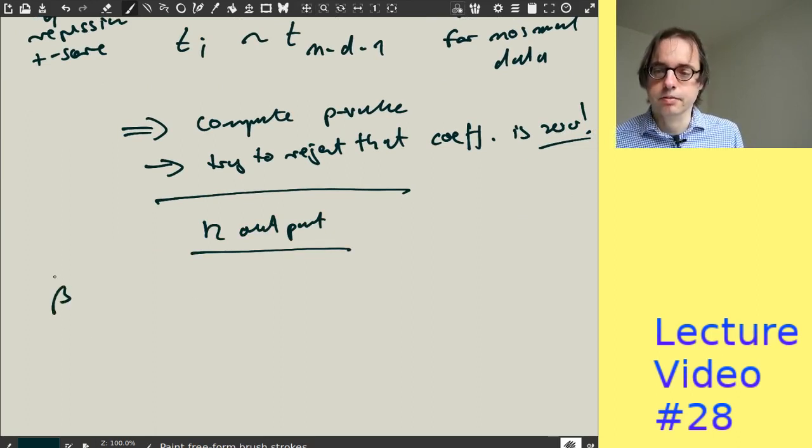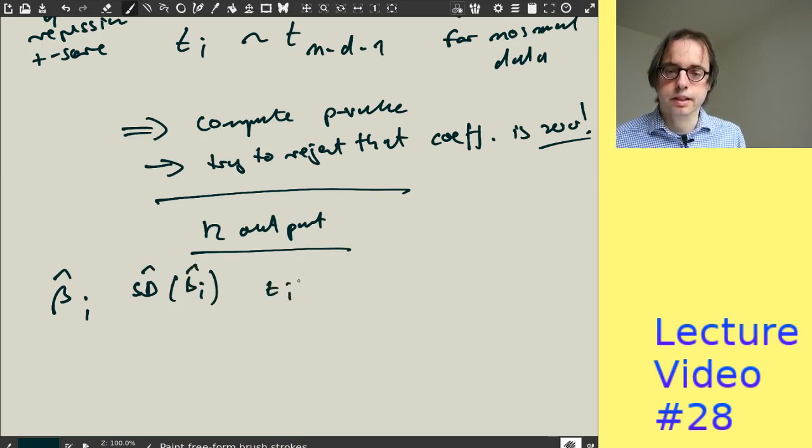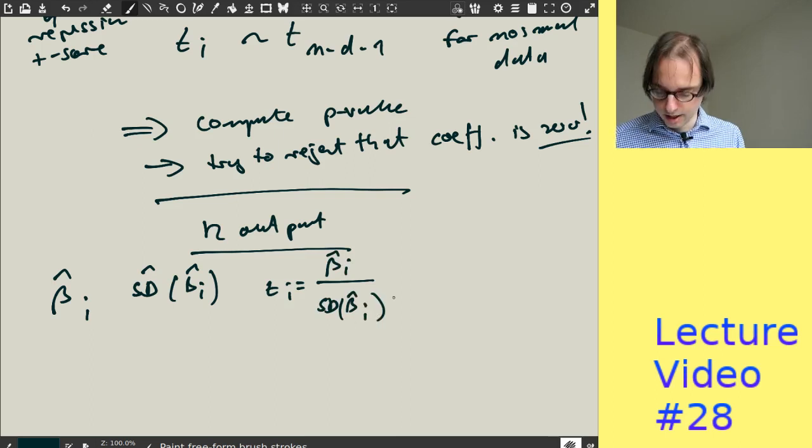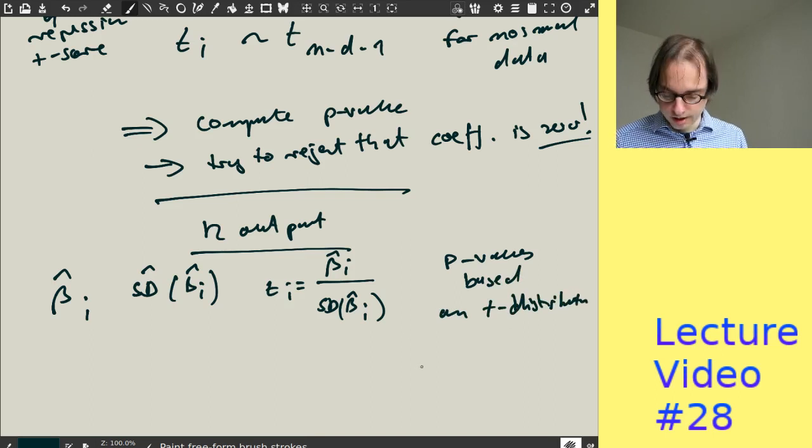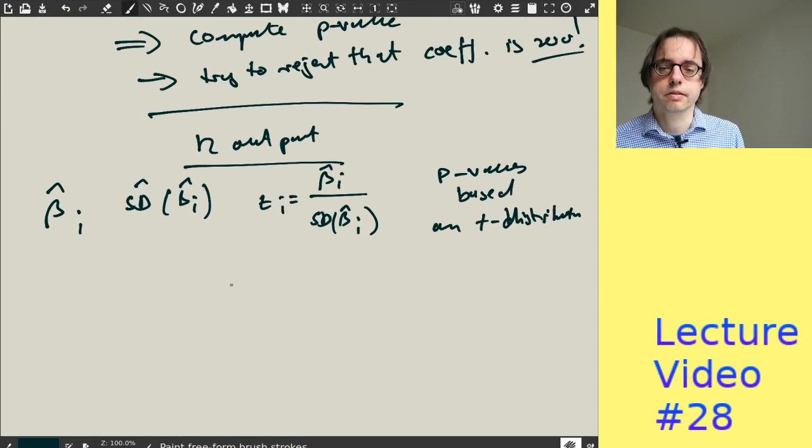The R output will consist of the regression coefficients beta hat i, then it will give you the estimated error of the beta hat i, then it will give you the regression t-score as the ratio of beta hat i divided by the SD of beta hat i, then it will give you p-values based on the t distribution, and then it will also indicate the level of significance.